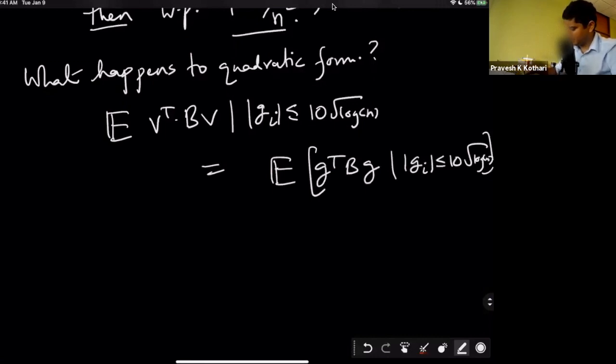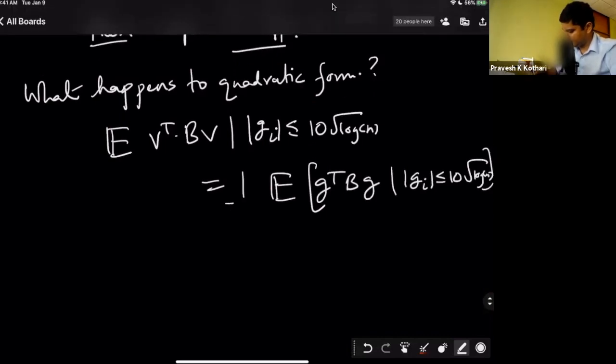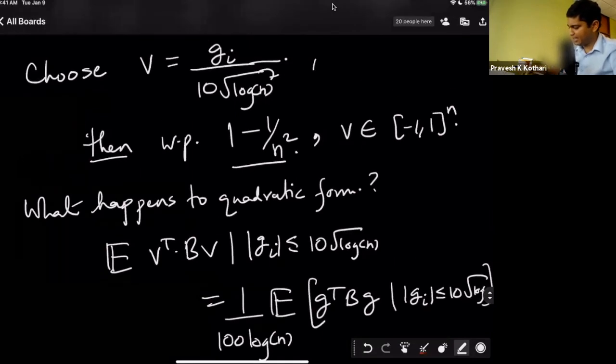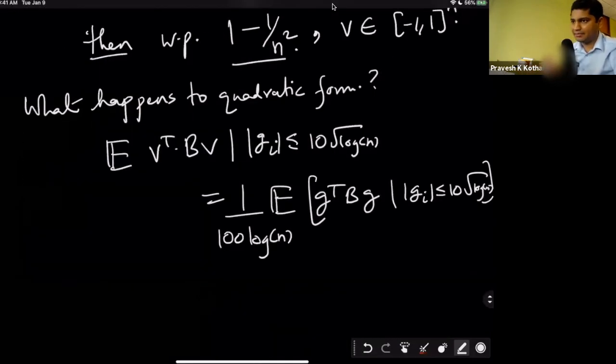Sorry, I forgot to write this one here. This is just the scaling, right? If I scale every Gaussian by 10 root log n, then I get 1 over 100 log n as a scaling.